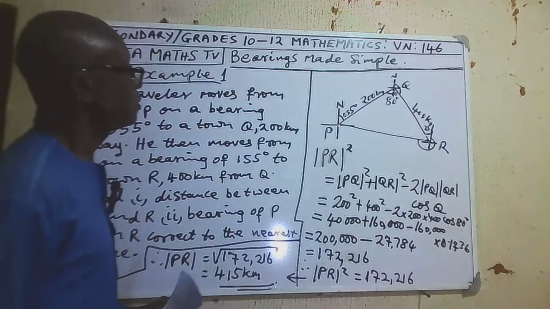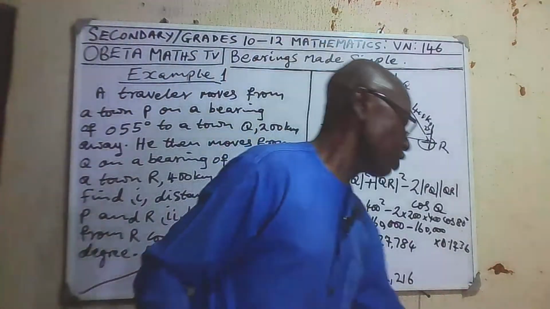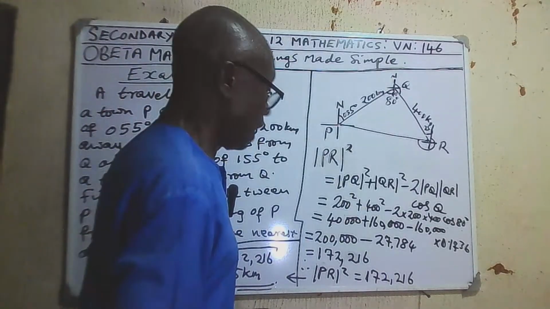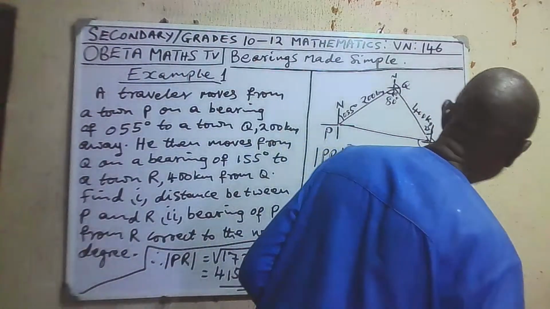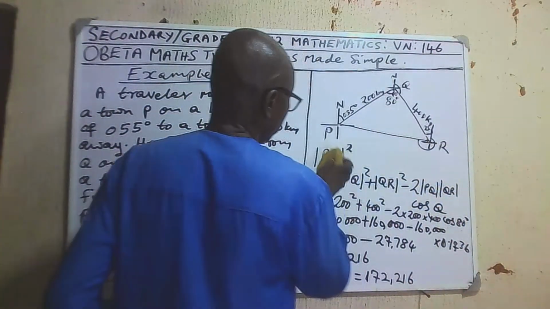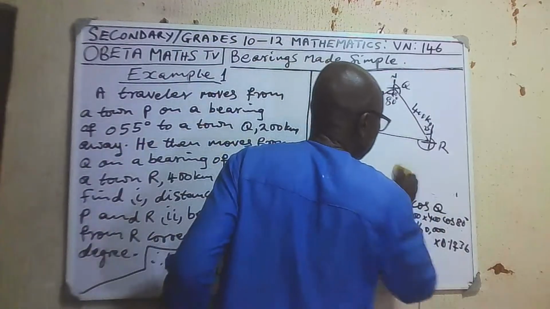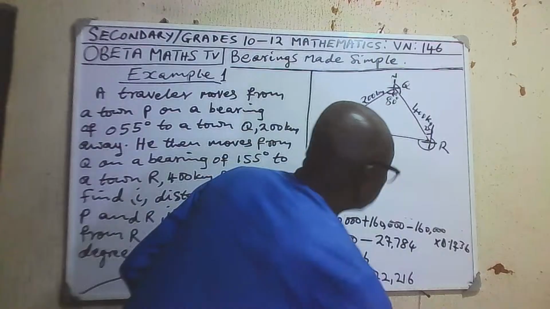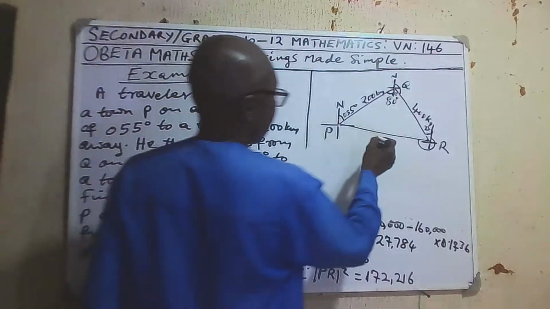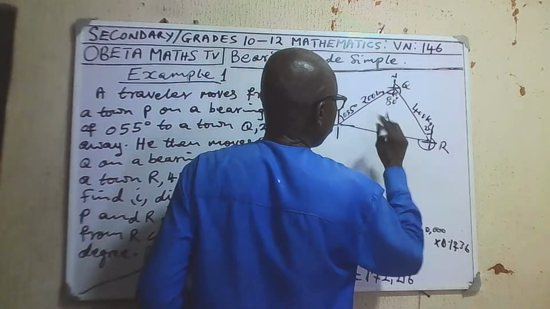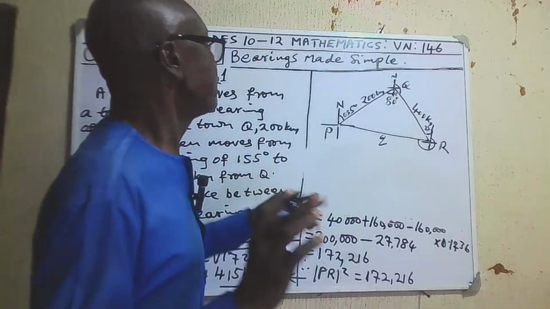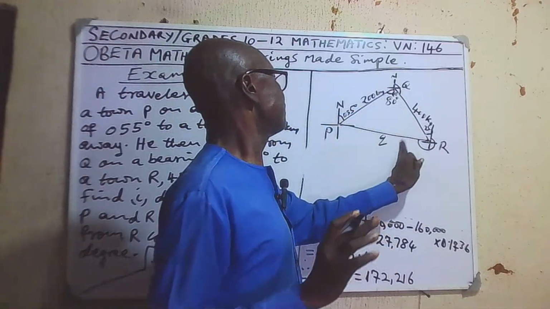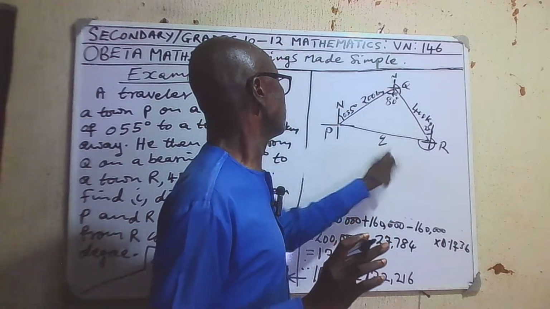So let's start. In that case, we are going to use the sine rule. So going forward, we have to come up here. Using the sine rule, remember, this is small q. Any side facing, like as we have capital Q here, the side facing this is small q.